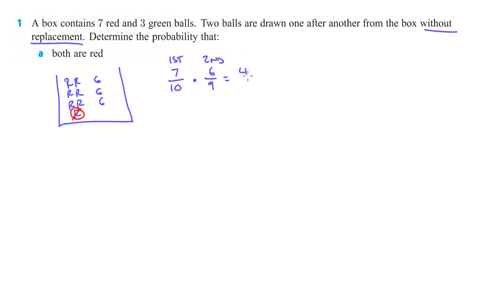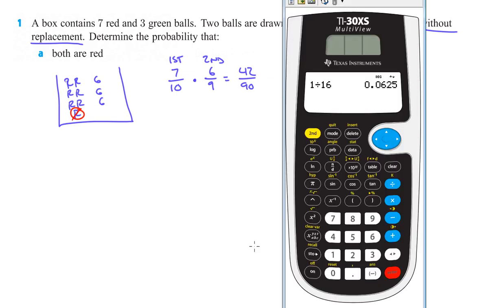So let's see, if we do this straight across, we're 42 out of 90. If we do 42 divided by 90, well, both of those are divisible by 3, so we could have simplified it there first.